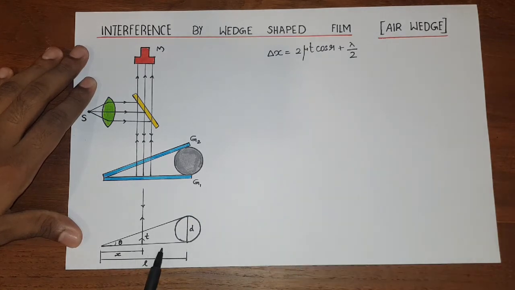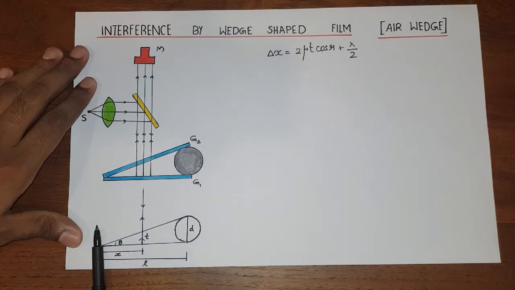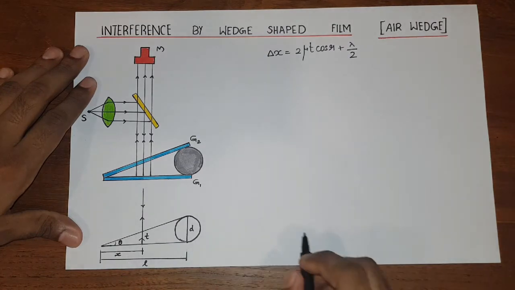So instead of measuring the thickness, we can just measure this distance x, or the position of that particular fringe. The only thing we have to do is place the crosswire of the microscope first at this point and move it to wherever position you need, and you will get the value of x. So if we convert this equation in terms of x, it will be more practically feasible.